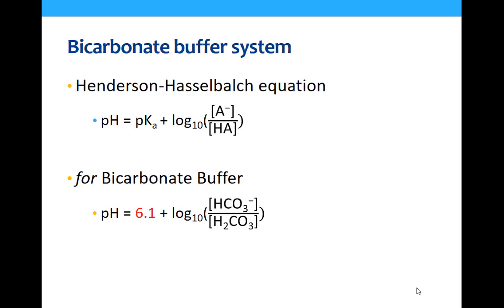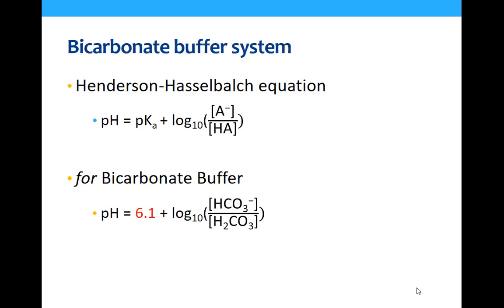Okay. And the conjugate base is bicarbonate, right? And the acid is carbonic acid. So we replace them with these here. So this is the equation for the bicarbonate buffer.